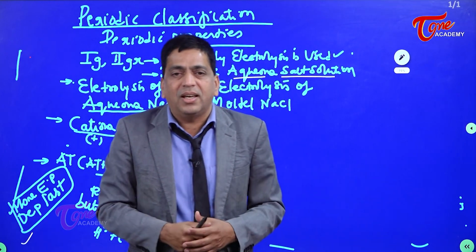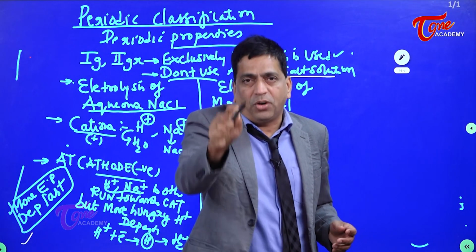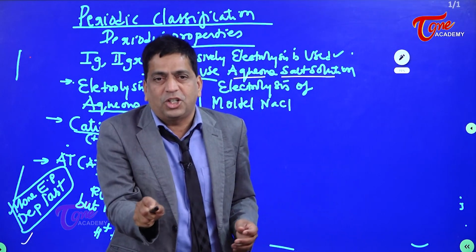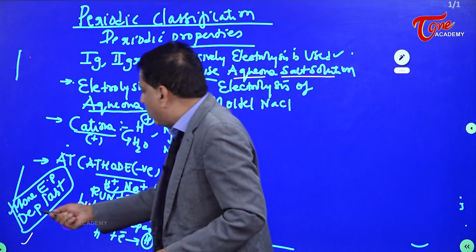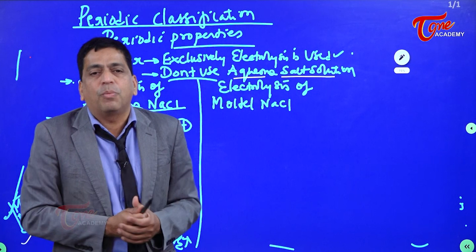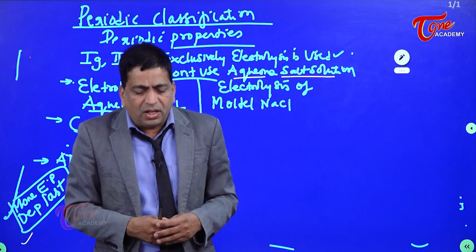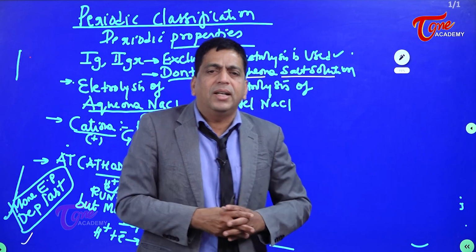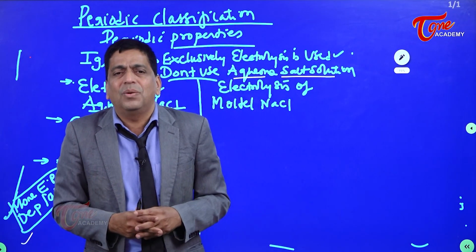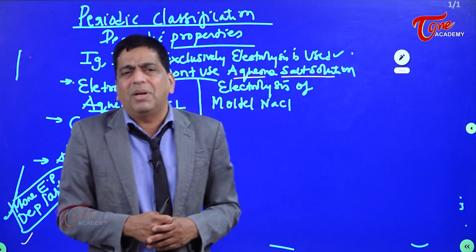So in the examination, if he asks which of the following is true, the answer would be: more electropositive deposits last, and you cannot extract first and second group elements.